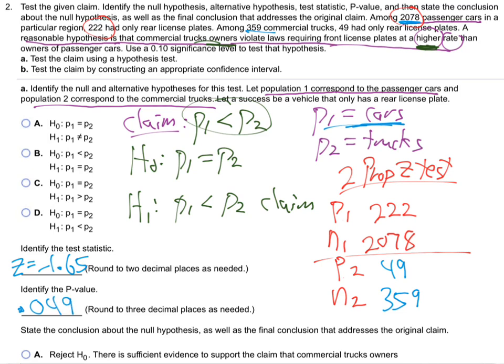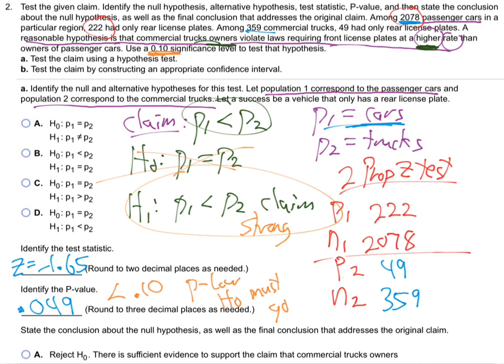That's the p-value. So what was the test level? 0.10. So that's less than 0.10. So that p is low. H0 must go. Cross out H0, keep H1, the claim. P1 less than P2. Strong or weak? Strong. Strong evidence that P1 is less than P2. The cars are lower than the trucks, or you could say the trucks are higher than the cars. Same truth either way.